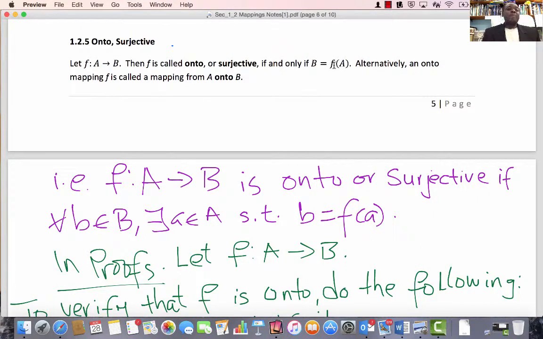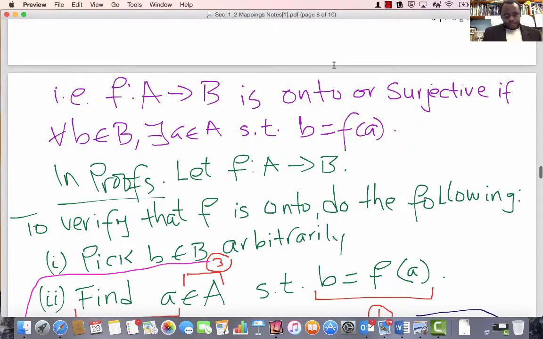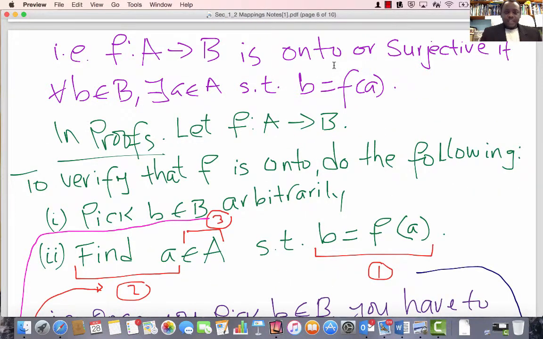Alternatively, an onto mapping f is called a mapping from A onto B. Let us break that concept down a little so we can understand it better. What does that mean?